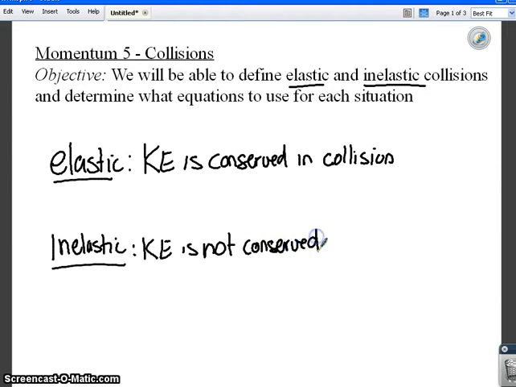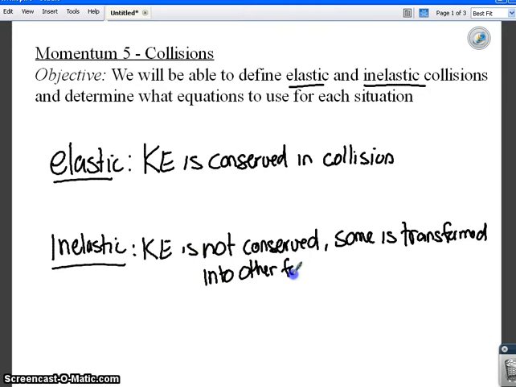Some is transformed into other forms of energy. That could be potential energy. It could be gravitational potential energy. It could be elastic potential energy for a spring. So these are our two definitions. Kinetic energy is conserved. Kinetic energy is not conserved.